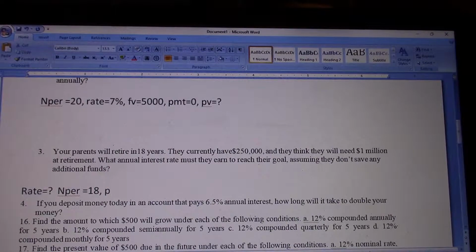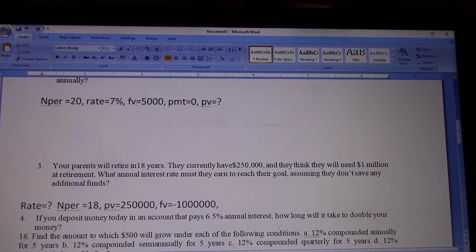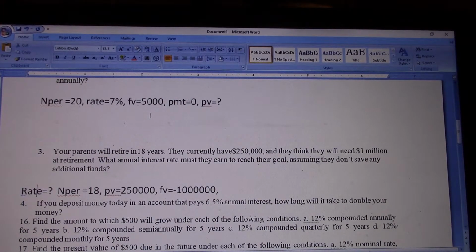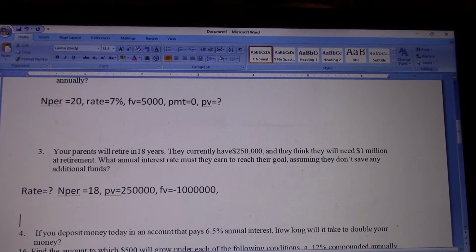You currently have 250, so this is your PV, and the FV should be -1 million, because the signs should be opposite. We talked about it in the previous class. The question is asking you for the rate, and PMT is 0. These are the inputs. You can use a calculator or Excel.